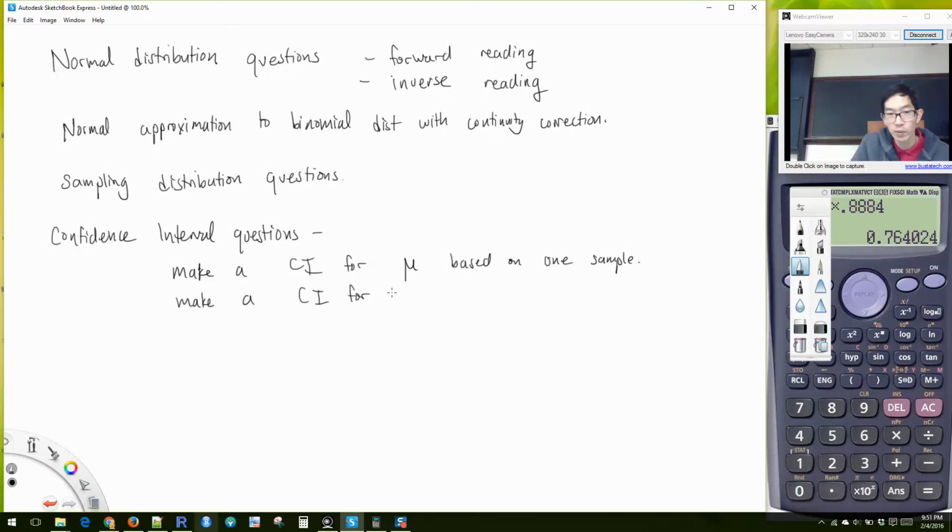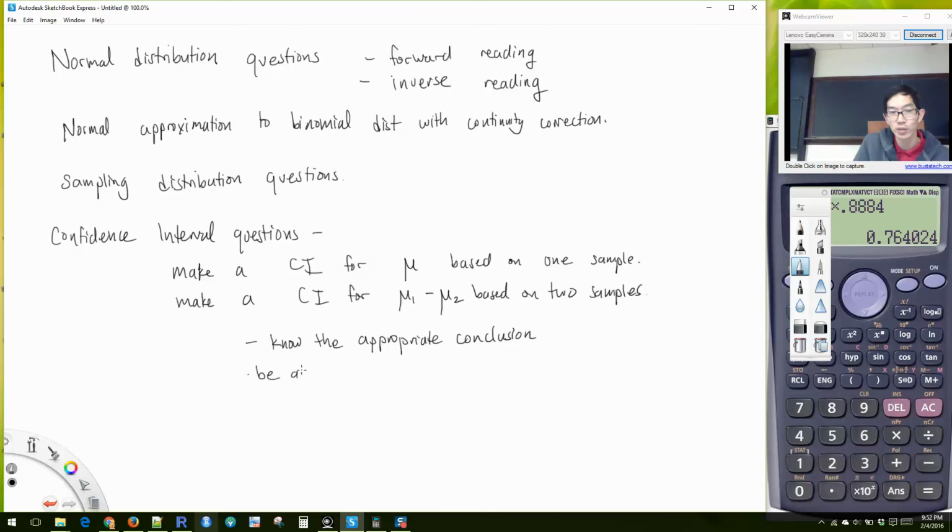Make a CI for mu1 minus mu2 based on two samples. Okay, and then for both of these, you should also know the appropriate conclusion.